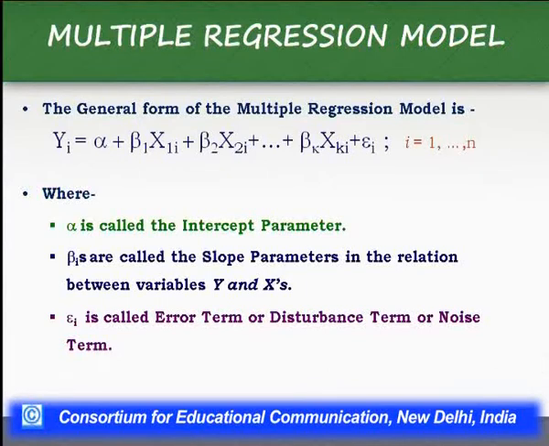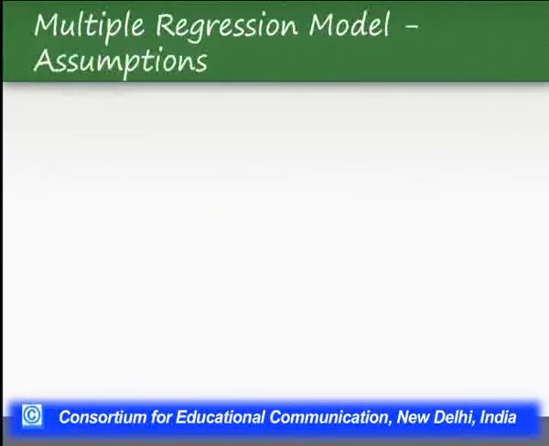Alpha is again the intercept parameter. The beta i is the slope parameter in relation to variables x and y. Ei is the error term, disturbance term, or noise term. So we are taking into consideration now the multiple regression model. For the multiple regression model, there are basic assumptions which we have to understand.